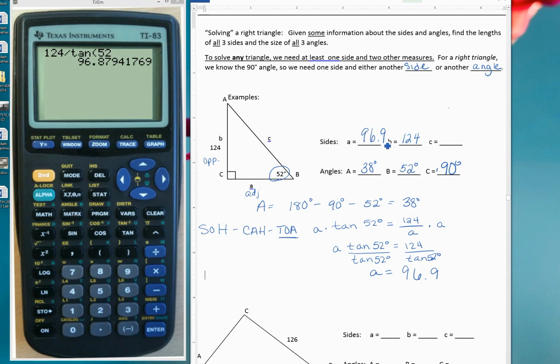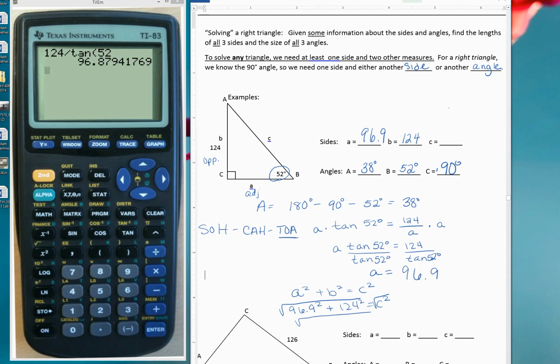Okay, so now that we have two sides, and since this is a right triangle, we can find c using the Pythagorean theorem. So we're going to have a squared plus b squared equals c squared. So 96.9 squared plus 124 squared equals c squared. And to find c, we're going to take the square root of both sides.